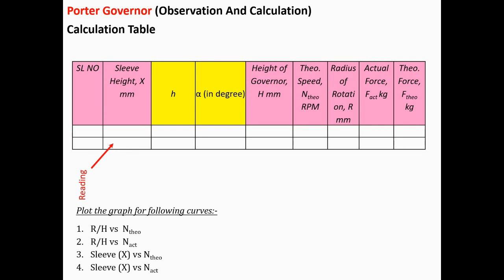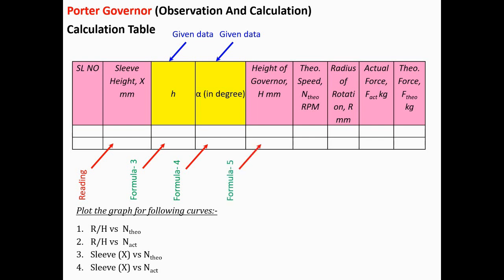Slip height X, capital X in millimeter, is obtained through the reading. This h value you can get through formula 3 as well as some given data. Alpha value, you can again calculate using formula 4, which is mentioned in the previous slides, as well as given data.